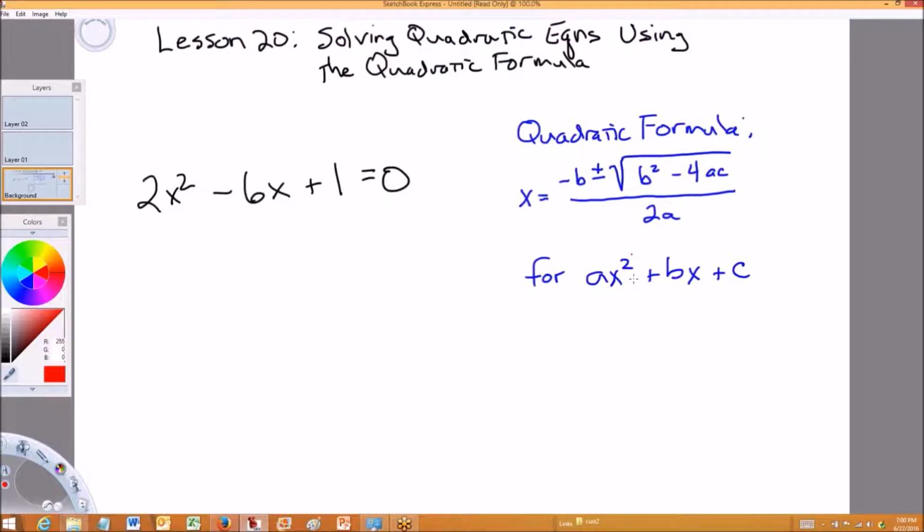So note that this is A in the quadratic formula, this is B, and this is C.